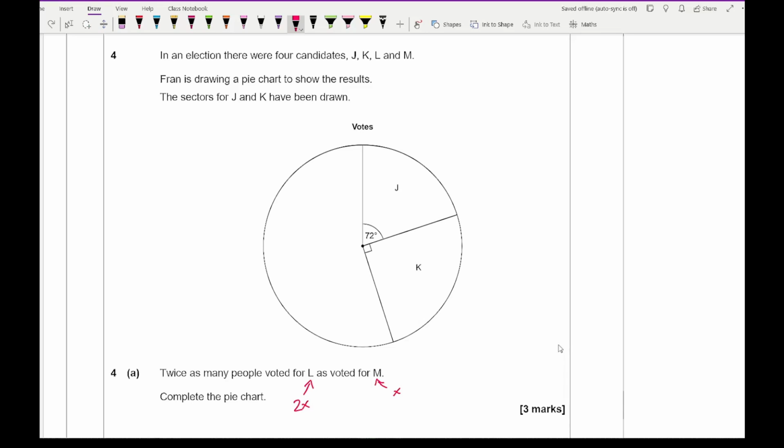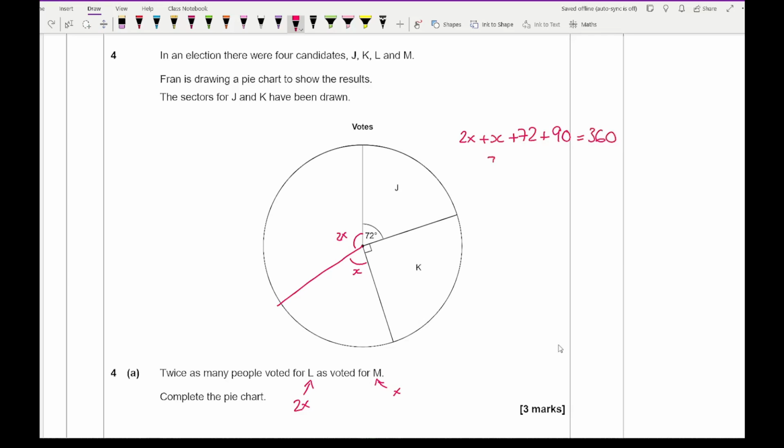So if I draw a fictitious line here, then this is going to be X and that is going to be 2X. In working out what X is, we know that 2X plus X plus 72 plus 90 equals 360.